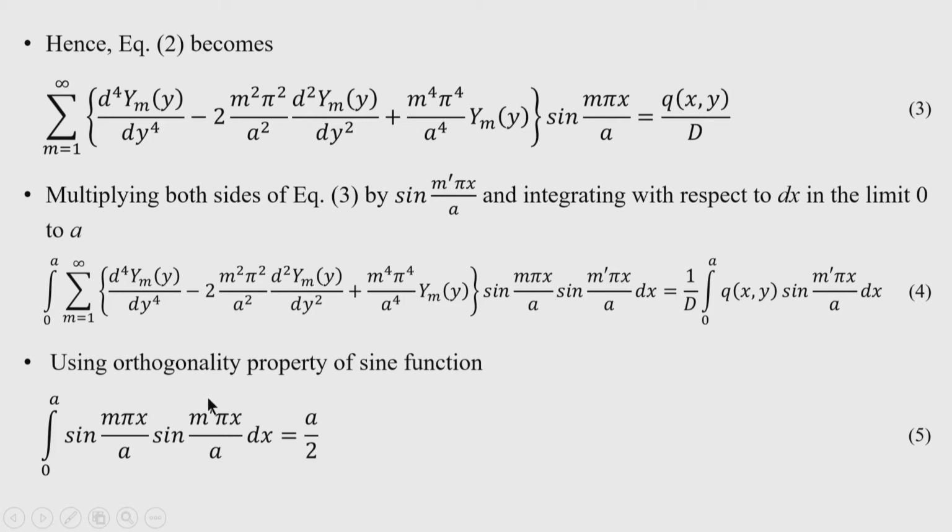So, according to the orthogonality condition, the integral of sin m pi x by a sin m dash pi x by a dx equals a by 2 if m is equal to m dash, but for other values of m this is never non-zero. When m is equal to m dash, it will be a by 2, and when m is not equal to m dash, then this integral reduces to 0.